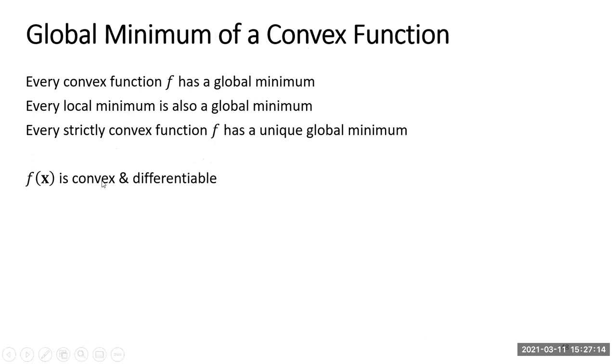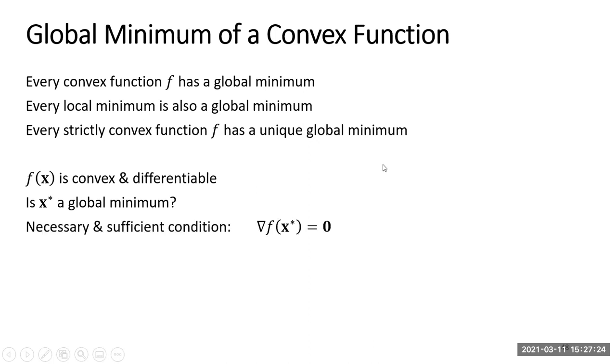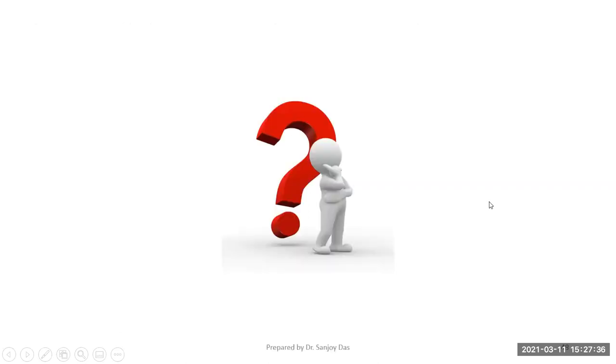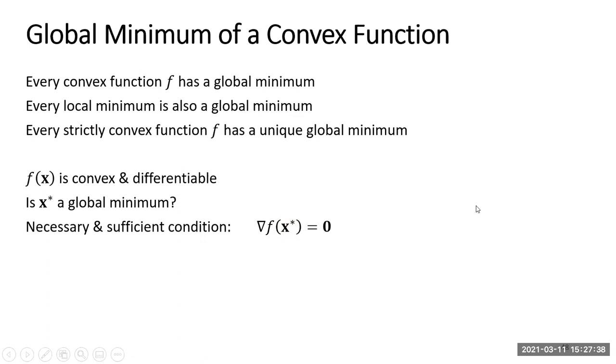We already saw this. Now, suppose f of x is convex and differentiable. Is x star a global minimum? The necessary and sufficient condition is the gradient del f of x star must be equal to 0.